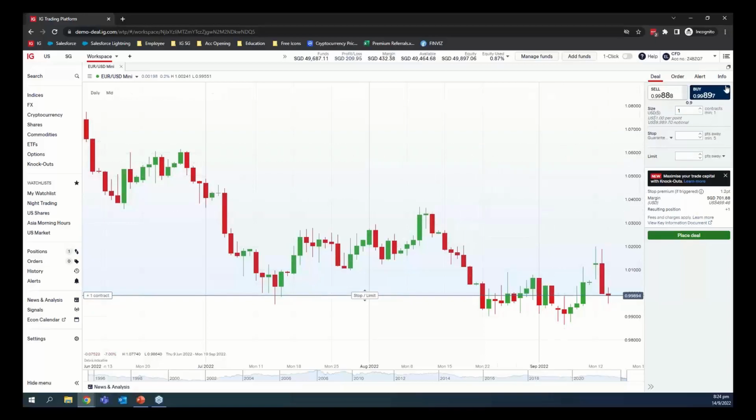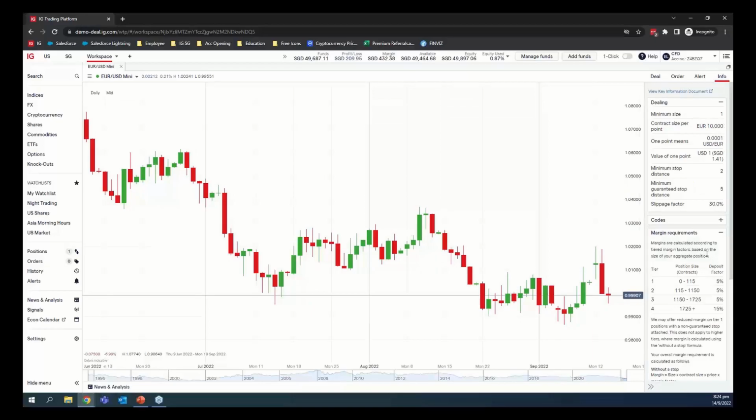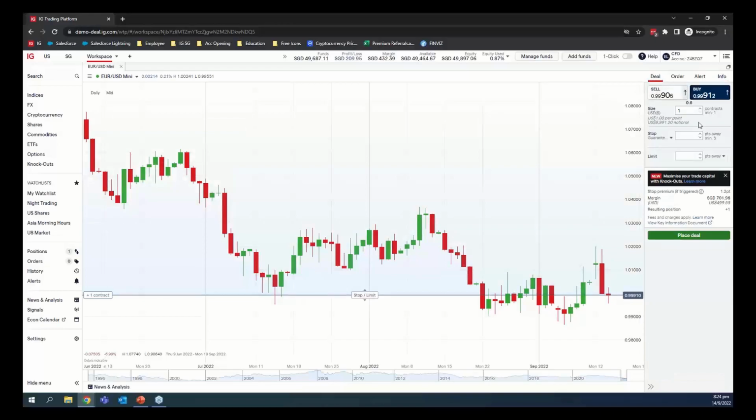To know the margin requirement, you can go into this info tab and expand on margin requirements. You see this particular box here, it says the deposit factor is 5%. What it actually means is that the margin required is 5%, based on the base currency, which is the front currency.